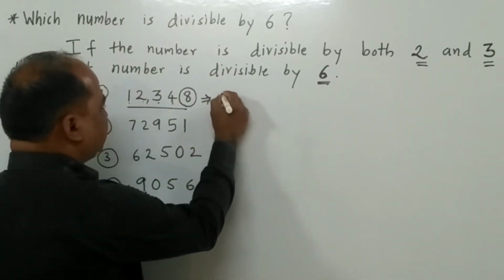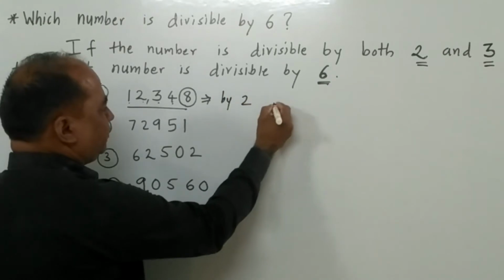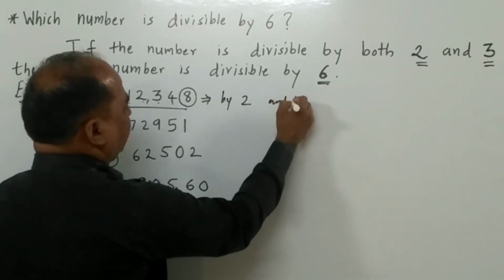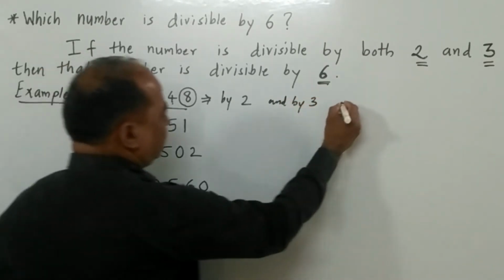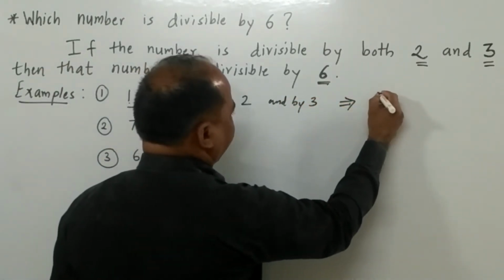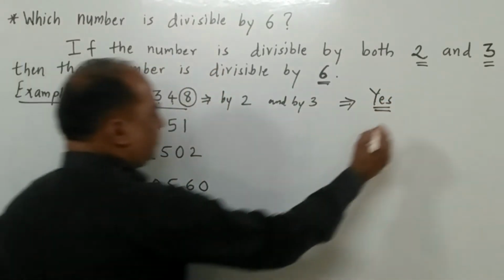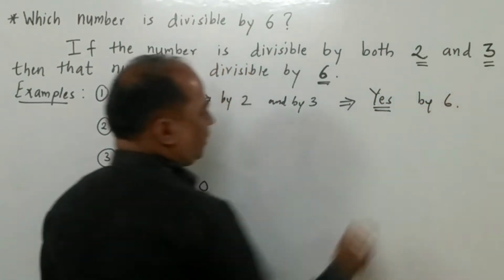Therefore, this number is divisible by 2 as well as by 3. Therefore, this number is divisible by 6.